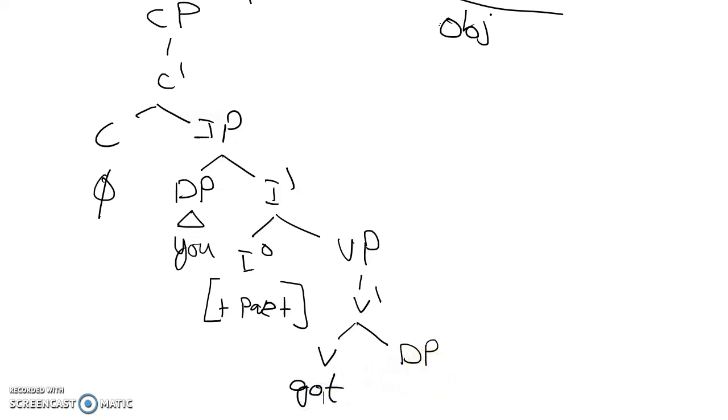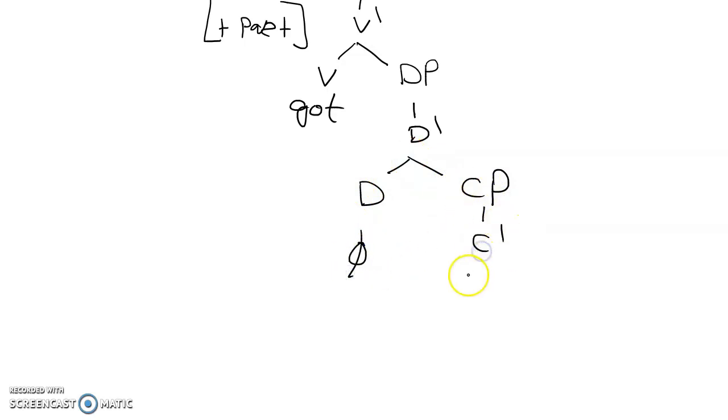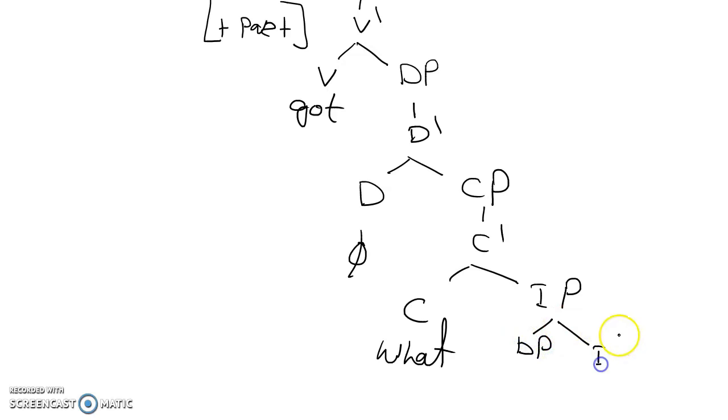Now, how to analyze what I say? It is this way. DP must consist of D bar. This D bar consists of a D and a CP again. The D I have nothing to say, and for the CP I have C bar, C, and IP. What is here? And for the IP, I have to say DP again, I bar.